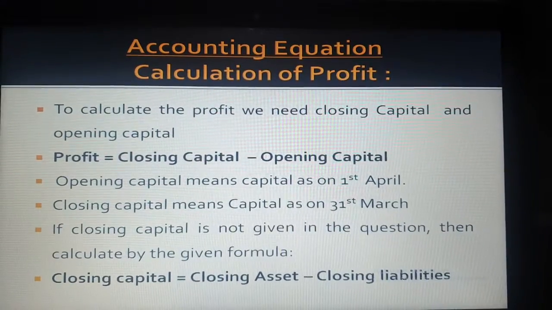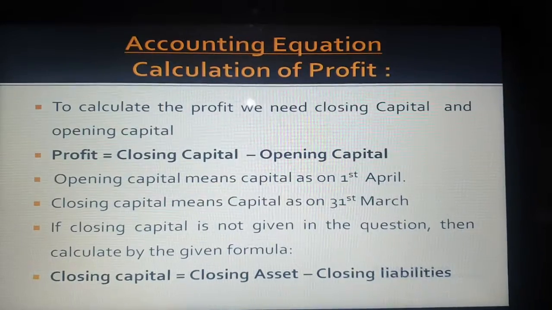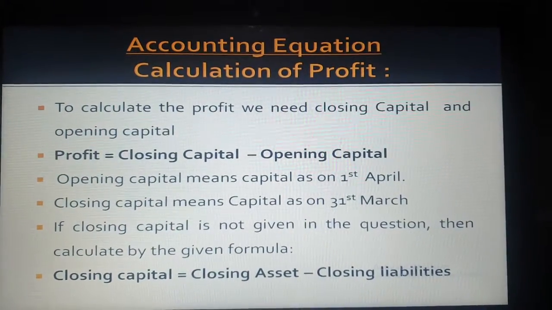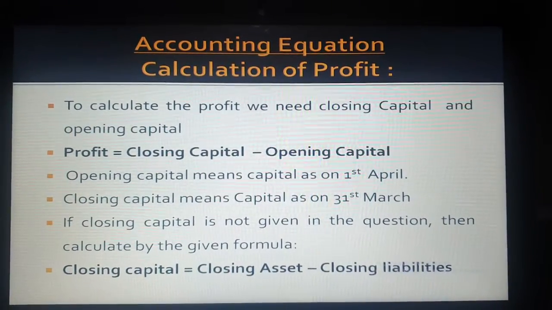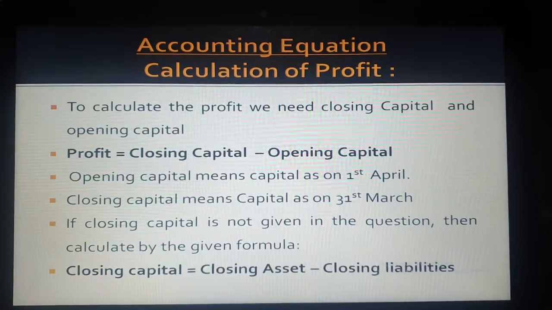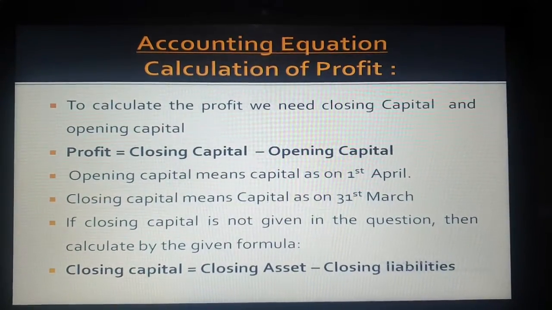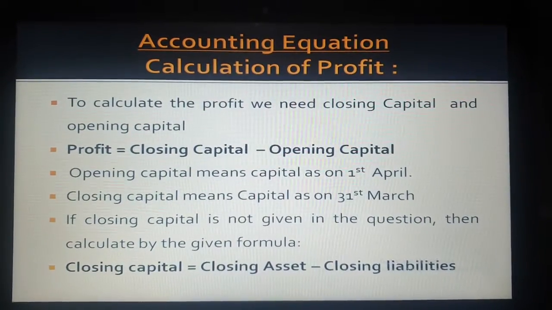But sometimes the closing capital is not given in the question. So firstly you have to calculate the closing capital, and how you will calculate it: closing asset minus closing liability. Closing asset is the asset at the end of the year, and closing liability means the liability at the end of the year.